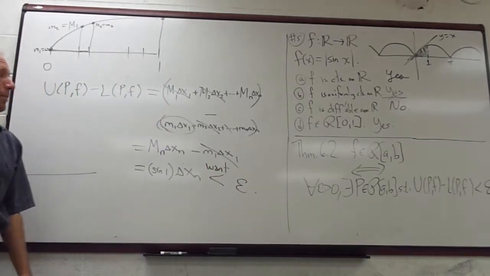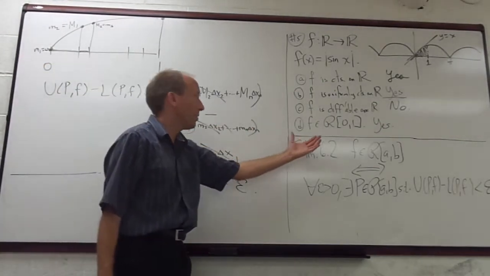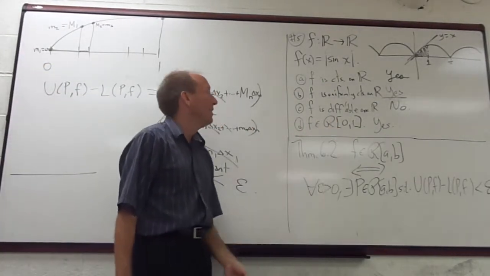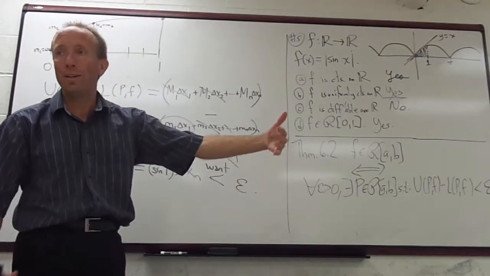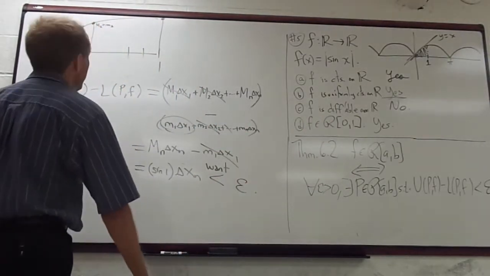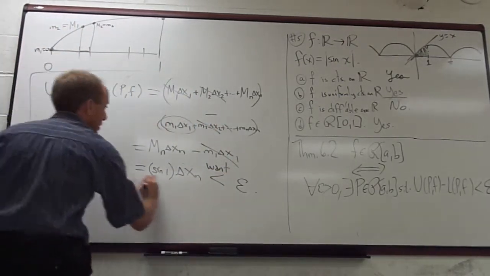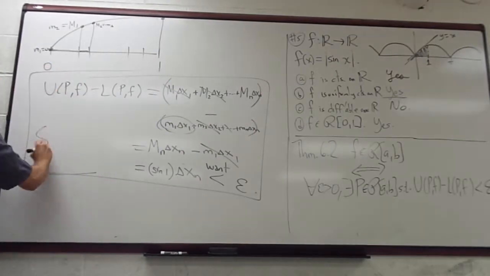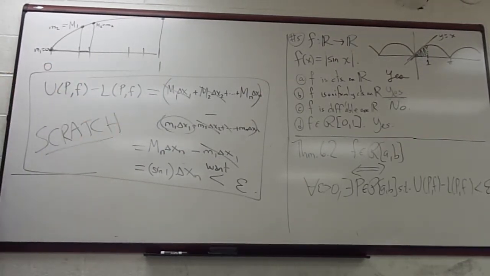So remember the way that this proof would begin. We're going to prove that the function is Riemann integrable by using this theorem. The first line of the proof is let epsilon greater than 0 be given. I didn't write that down yet, did I? So this, by the way, would be considered your scratch work. Remember how you often have to do scratch work?